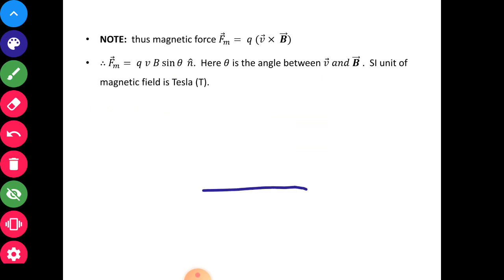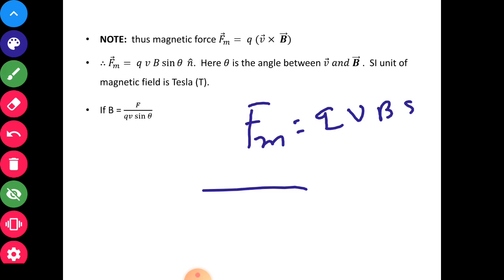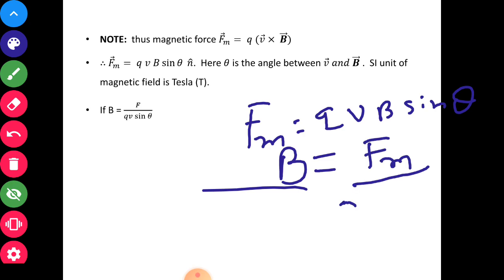If you make B the subject of the formula, just take the magnitude in this equation. Fm, as you know, is QVB sin theta. So if you make B the subject, you will have B equal to magnetic force upon QV sin theta.